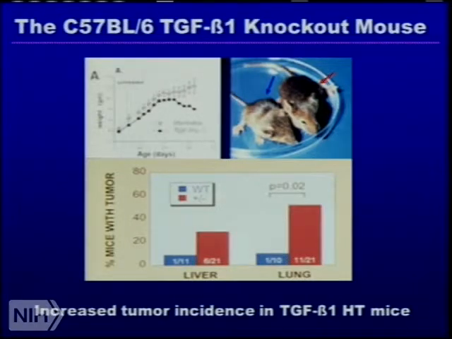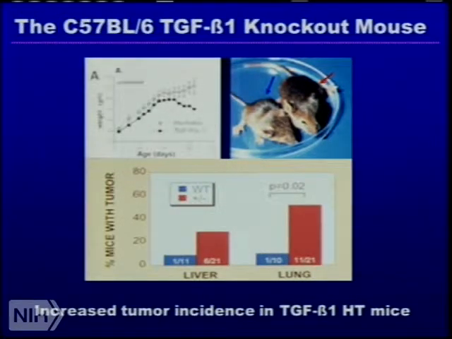It's a bit smaller than the normal litter mate, but at about 21 days, something begins to happen. It starts to succumb to what we call a general wasting phenomena, and shortly thereafter dies. So the knockout mouse is not a good mouse to use to study lung tumorigenesis.